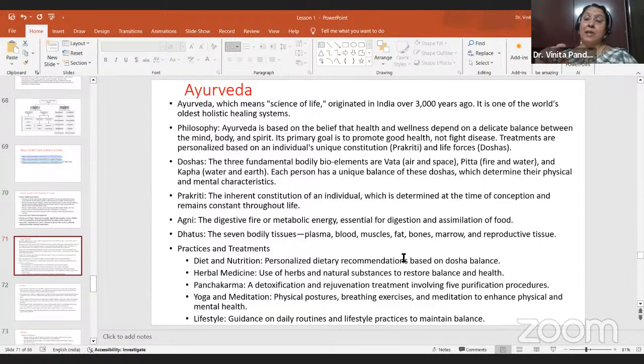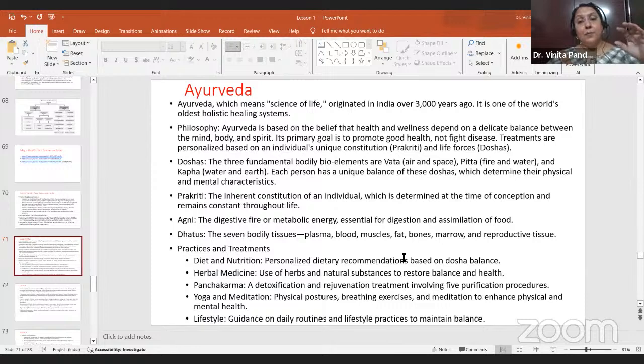And treatments are based on, now see, this is one USP, I would say, a distinct feature of the Ayurvedic system, where every individual's treatment is different. So the individual's body constitution and the life forces operating in an individual, on the basis of that, treatment is provided.